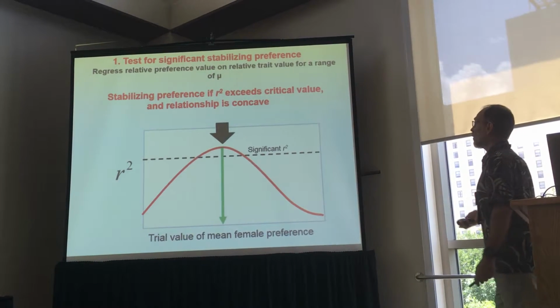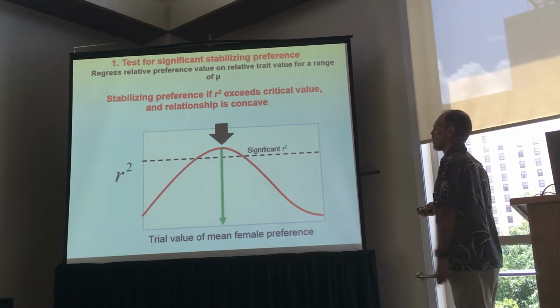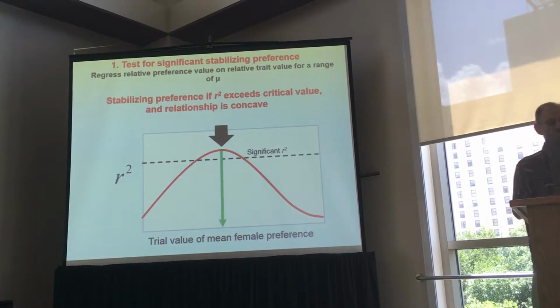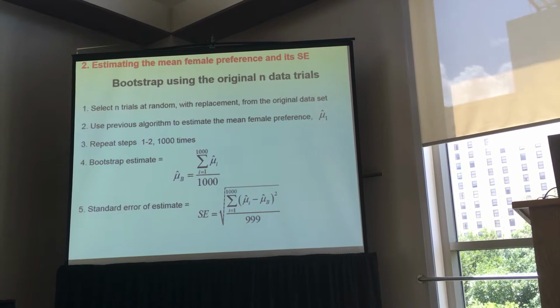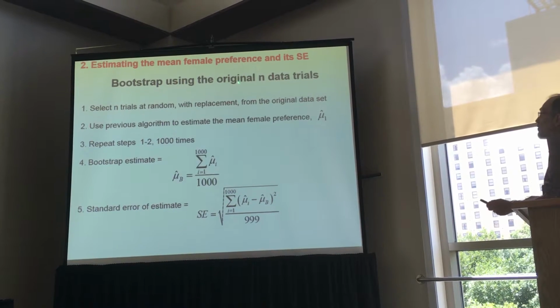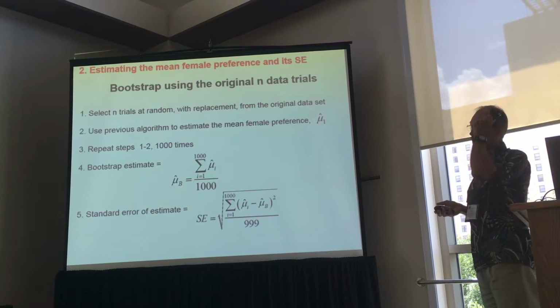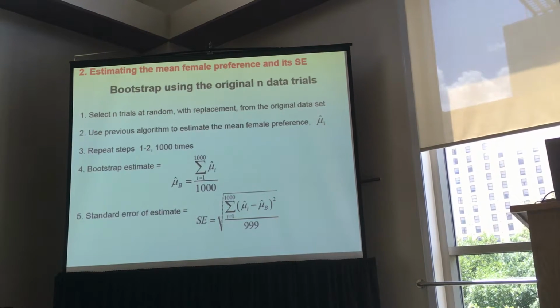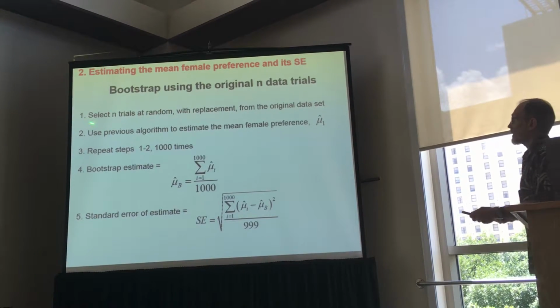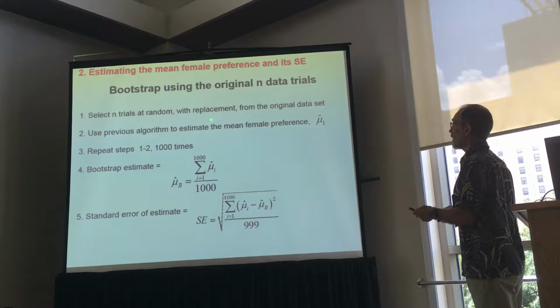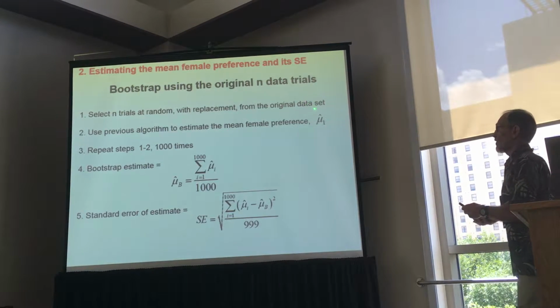However, what we now want to do is actually estimate what that mean value is and what the standard error is. So to do that, we use the bootstrap. So we've got n data points to start with. We select n trials at random with replacement from the original data set.